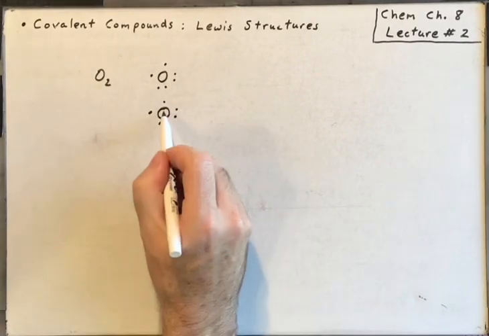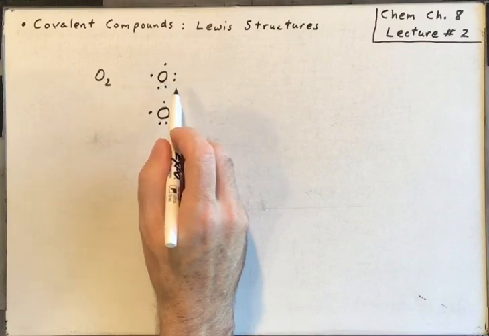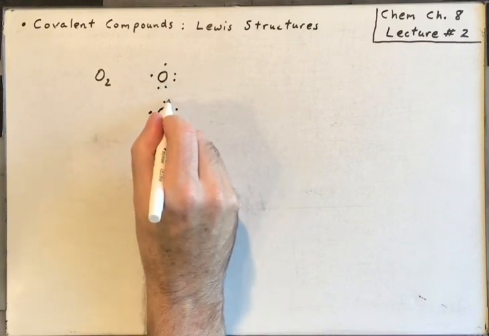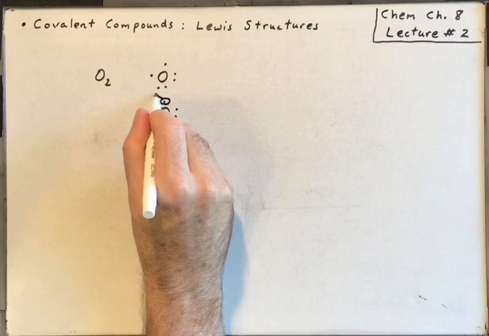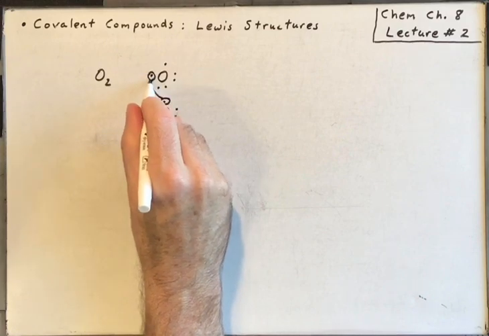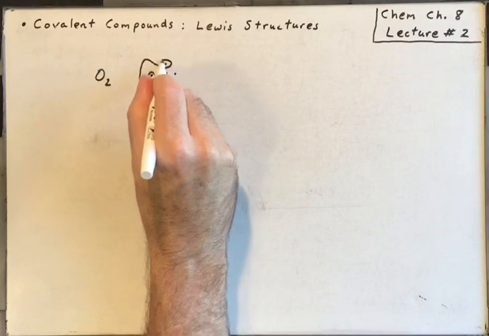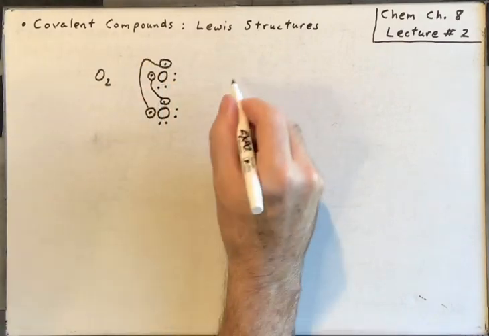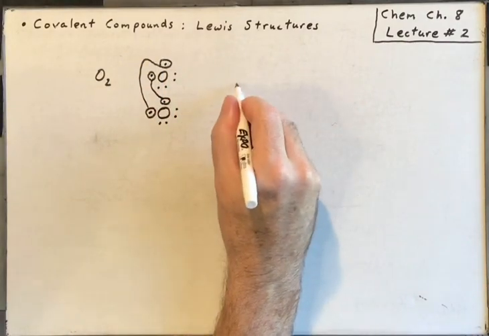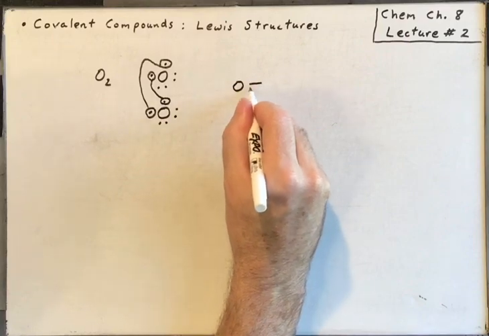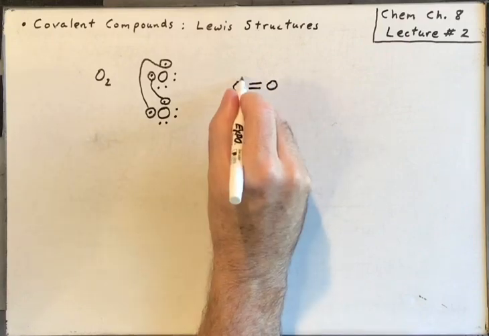Okay, so each oxygen needs 2 more electrons. So we could have this one maybe pairing with that one, and this one could pair or share that one. And what happens in this situation is you'd have what's called a double bond. So we would show that with 2 lines.